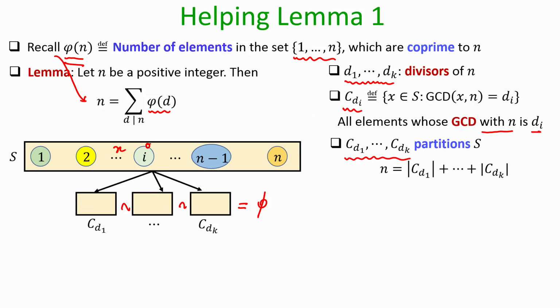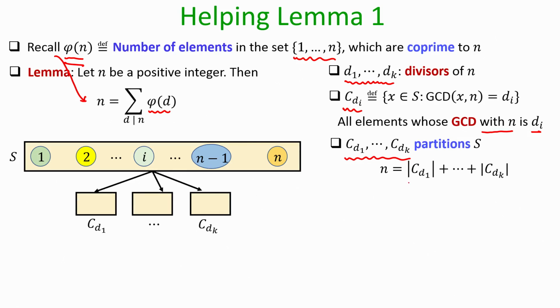It is also easy to see that if I take the union of the various collections, that will give me the entire set S, because you take any element x, either it will go to the bucket C sub d1 or C sub d2 or C sub dk, because the GCD of x with n has to be d1 or d2 or dk. A very simple fact here.